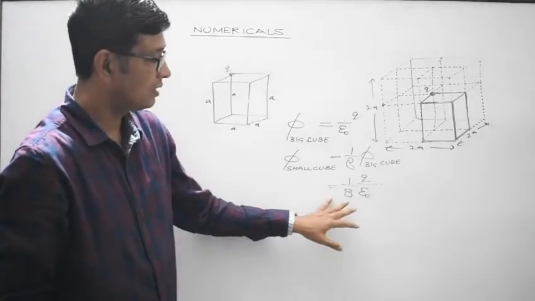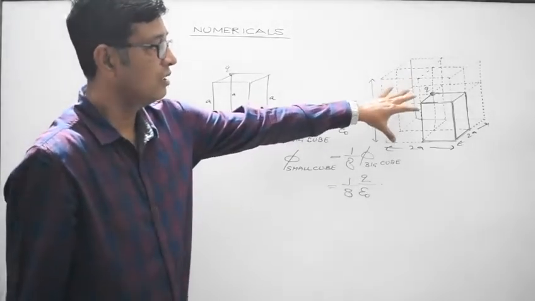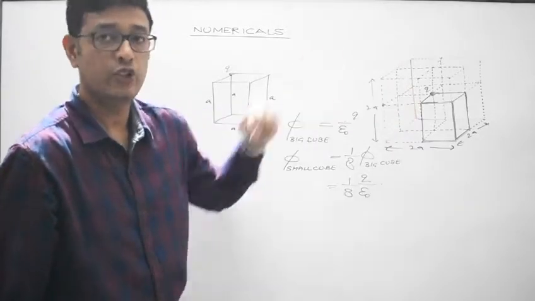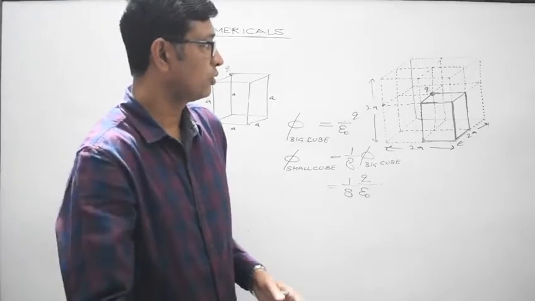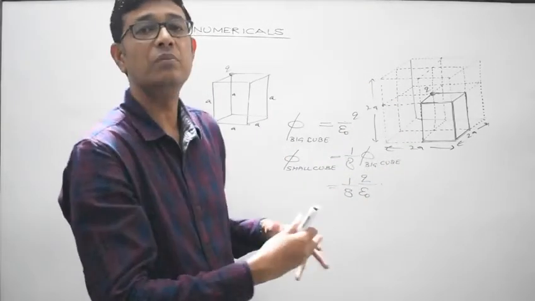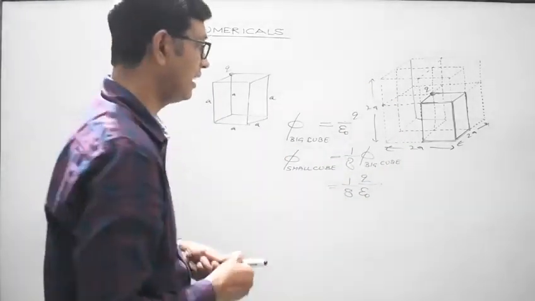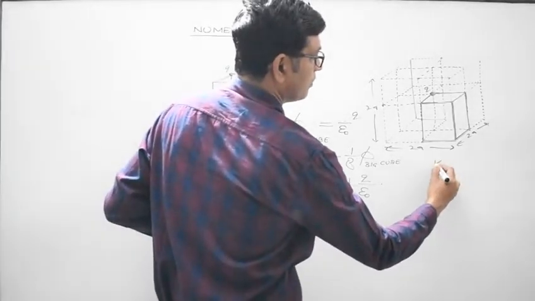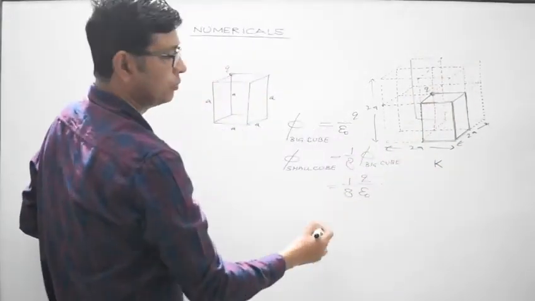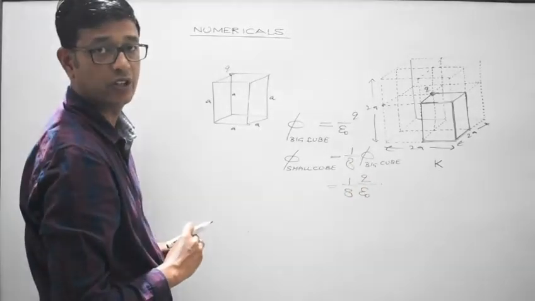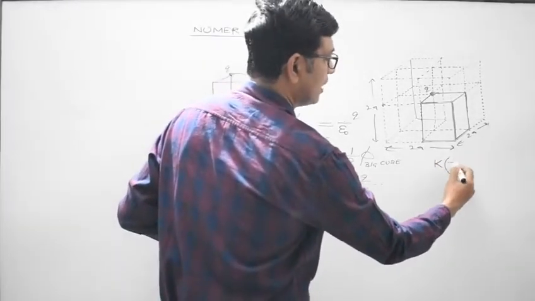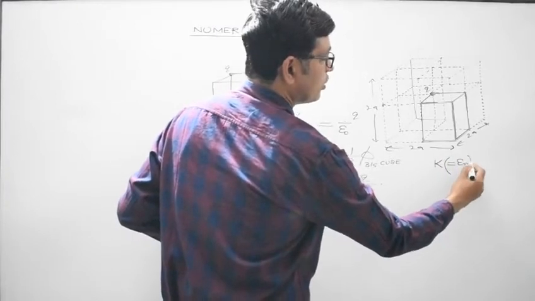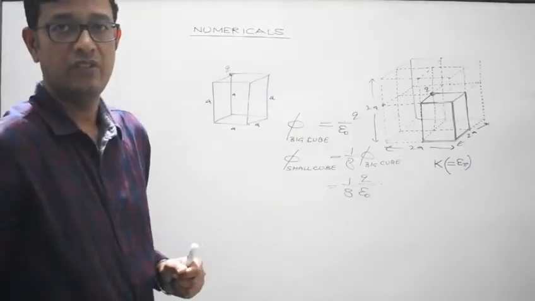Now, this is valid when the charge is placed in air or vacuum. Now, imagine a situation where the cube is filled with some medium of dielectric constant K. In case of vacuum, this is the appropriate expression. But in case of a medium having dielectric constant K or relative permittivity epsilon r, the result will change.